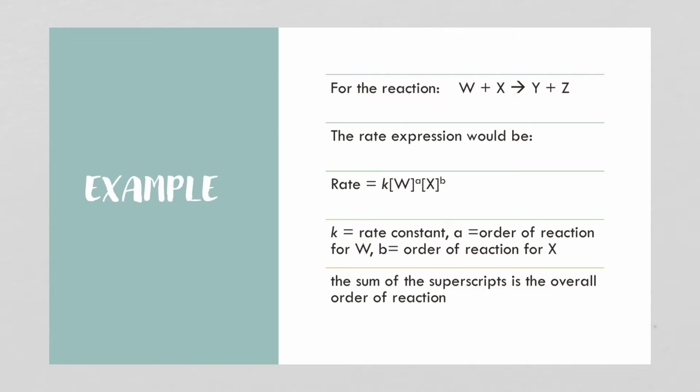So little k is the rate constant, so that would stay the same throughout any reaction. Little a is the order of reaction for the first reactant, and b is the order of reaction for the second reactant. And then if you wanted to find the overall order of reaction, you would add up all the powers on your reactants. So if a and b were 1 each, then your overall order of reaction would be 2.